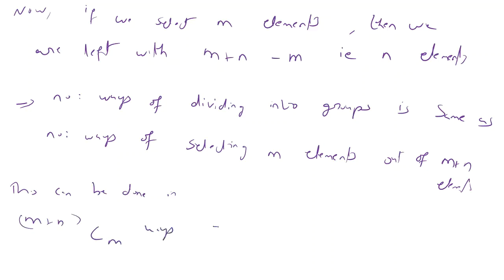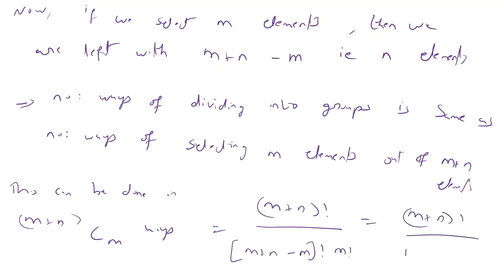Which is equal to m plus n factorial upon m plus n minus m factorial times m factorial, which is equal to m plus n factorial upon m factorial times n factorial.